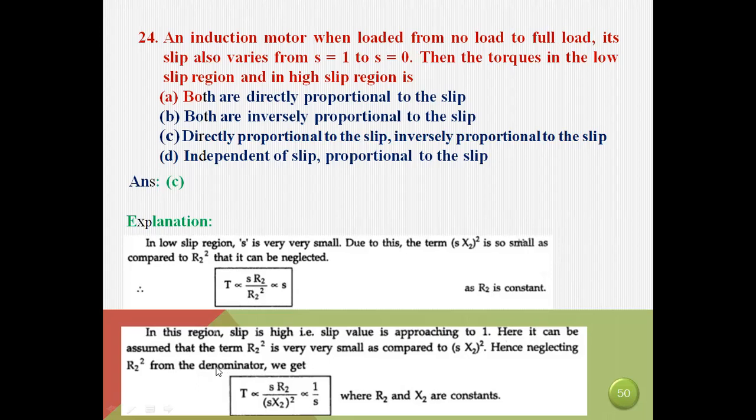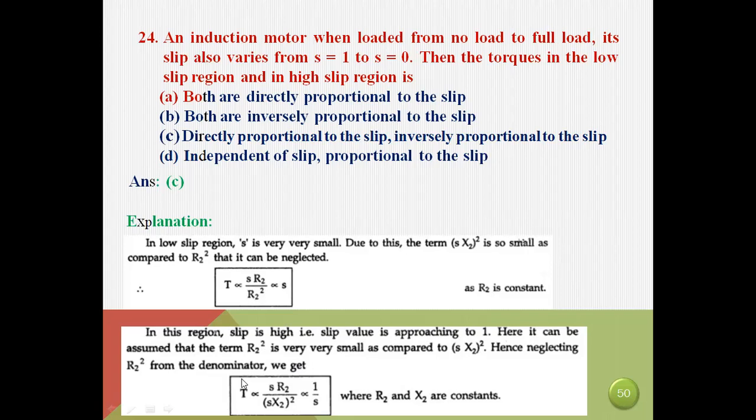And if we talk about the high slip region, you will get torque depend on S R2 upon S X2 square. So here if we are taking R2 square very small as compared to S X2 square, we can neglect R2 square. But we are supposed to consider that impedance, that reactance.